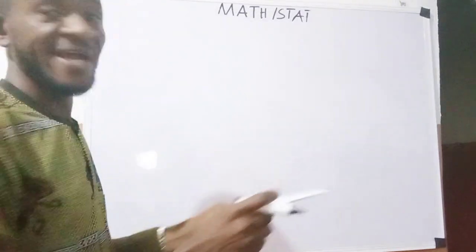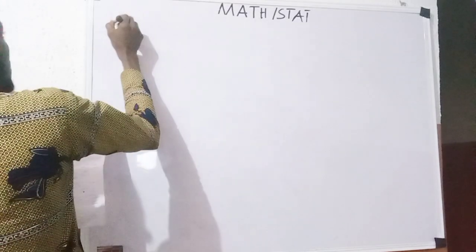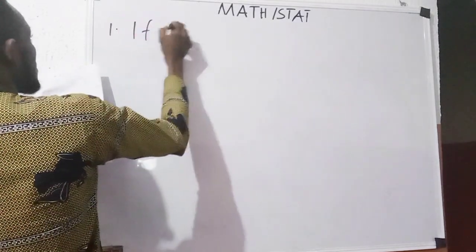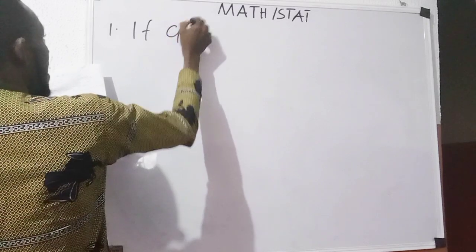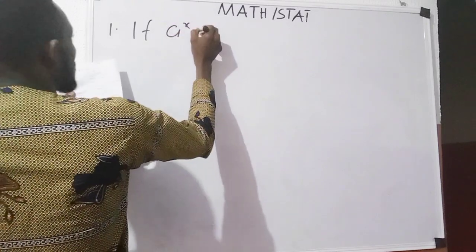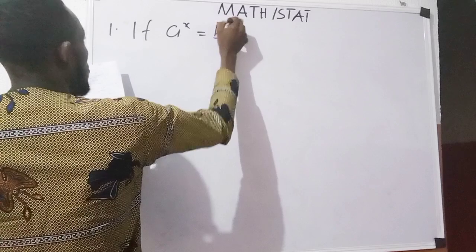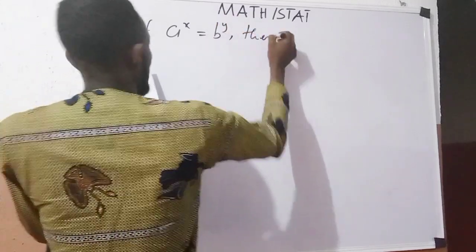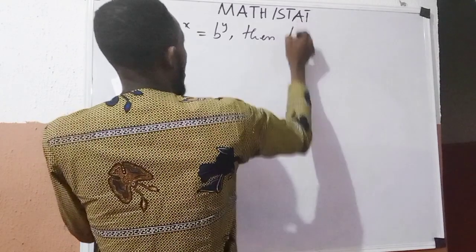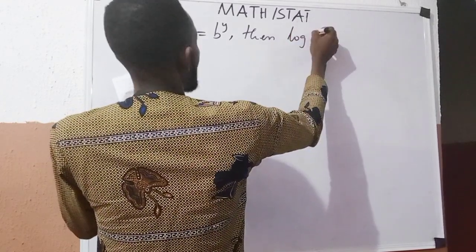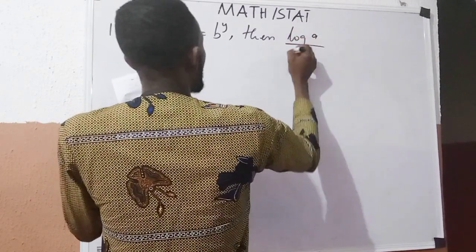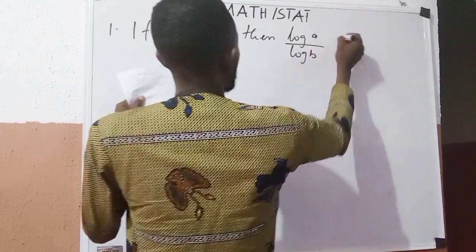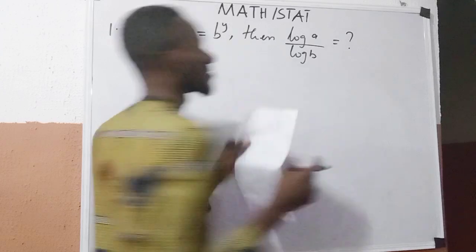That question, call it question number 1, says: if a raised to power x equals b raised to power y, then log a all over log b equals what?